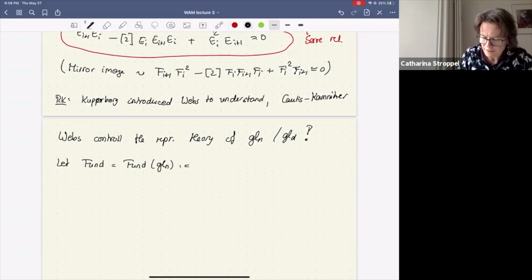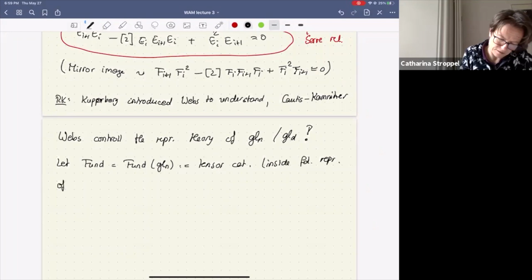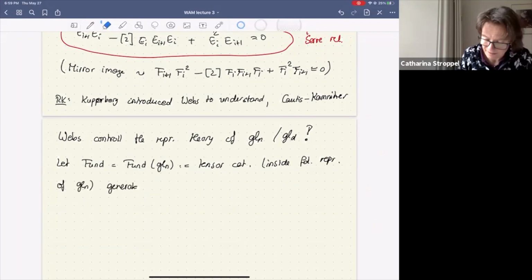So this is by definition the monoidal category inside finite dimensional representations of GLN generated by the so-called fundamental representations. I shouldn't say tensor category, I didn't use the word tensor.